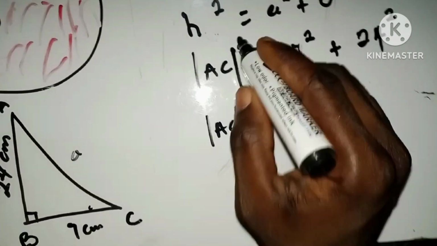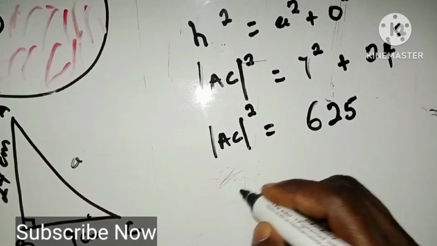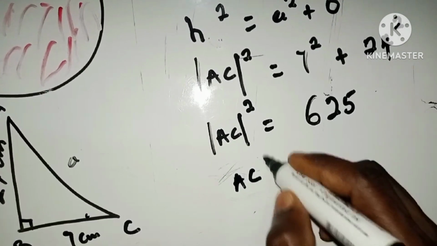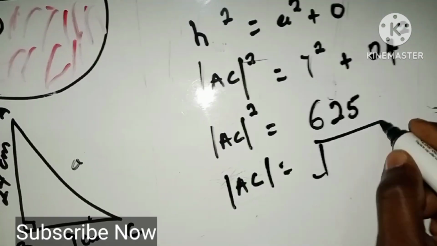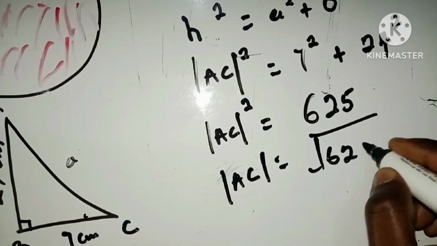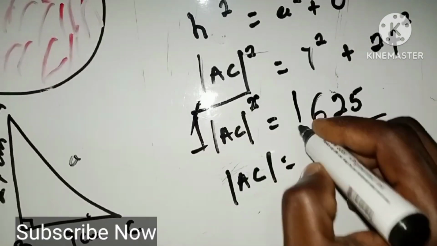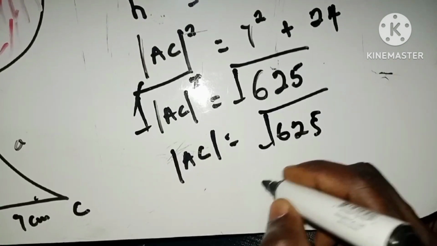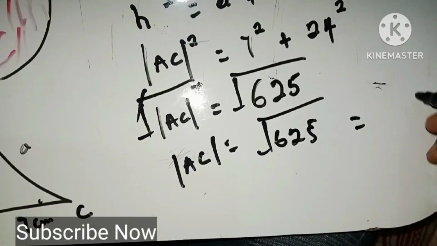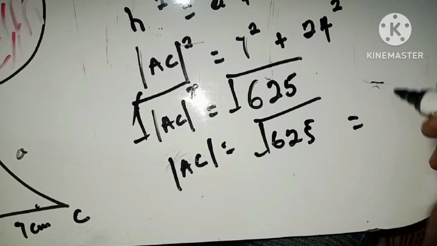Remember there's a square here, so we're finding the square of AC. Taking the square root of both sides, you have the square root of 625. The square root cancels the square on this side, and you take the square root of the other side as well. According to my calculation, I should have 25.